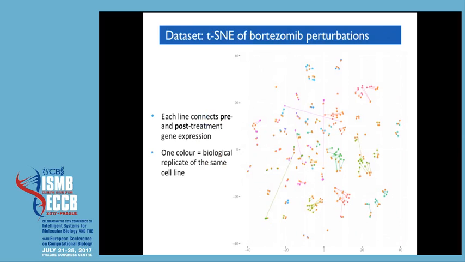For example, for bortezomib, when you plot the t-SNE of the 51 cell lines that they measured for bortezomib, you get this kind of plot where they have a bunch of biological replicates for each cell line.